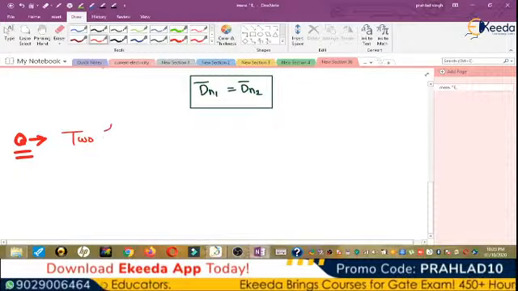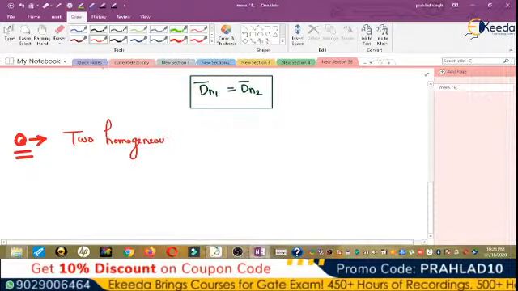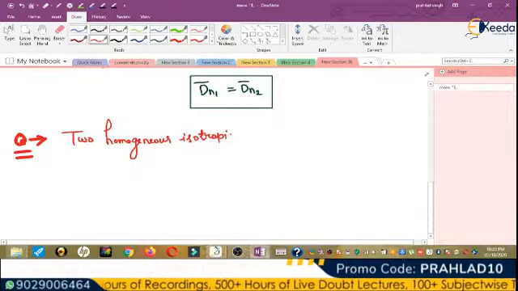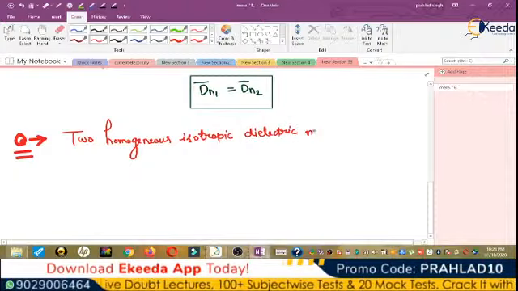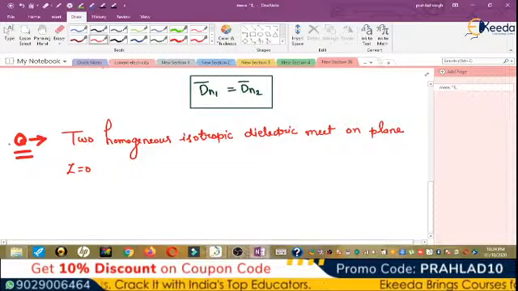Two homogeneous isotropic dielectrics meet on plane z is equal to 0.